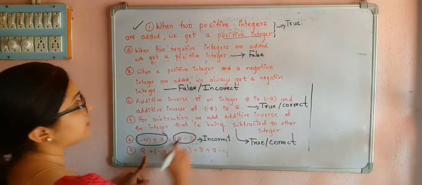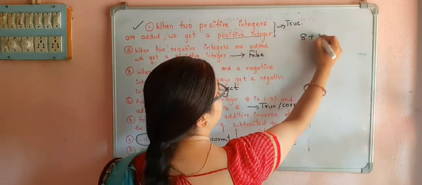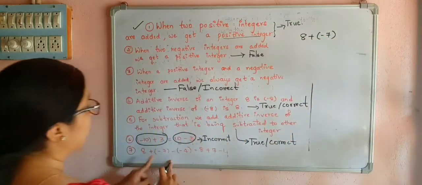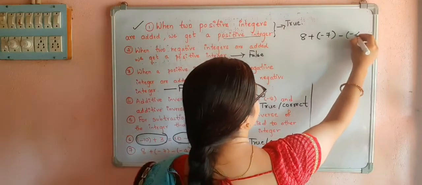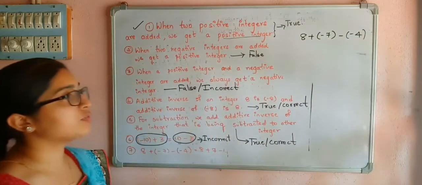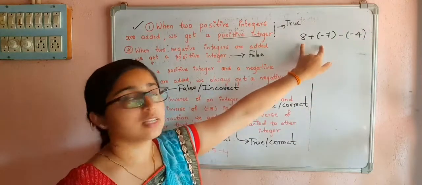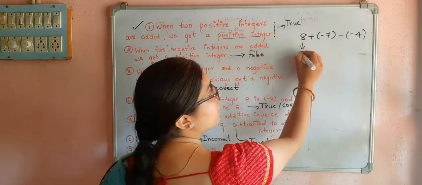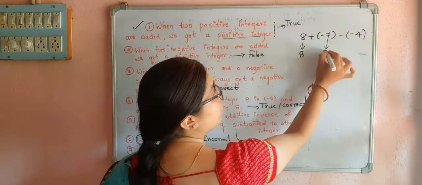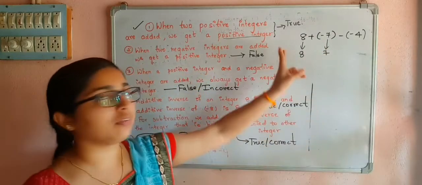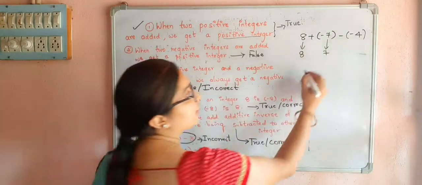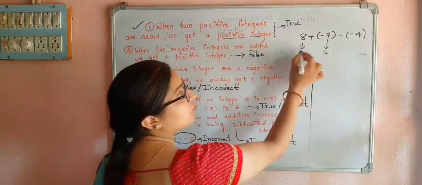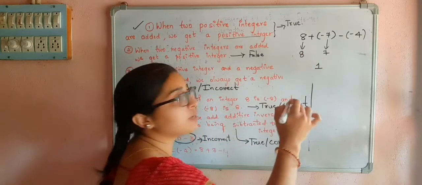So the last one is 8 plus minus 7 minus 4 equals 8 plus 7 minus 4. First I will solve the left side. 8 plus minus 7. The absolute value of 8 is 8, and the absolute value of minus 7 is 7. Both have different signs, so I will take the difference, and the sign of 8, which has the larger absolute value, is plus.